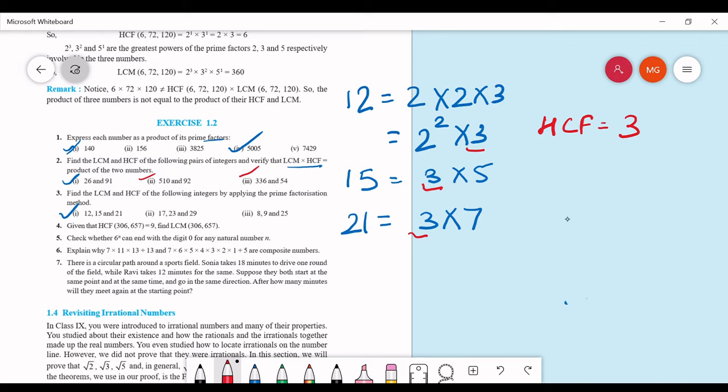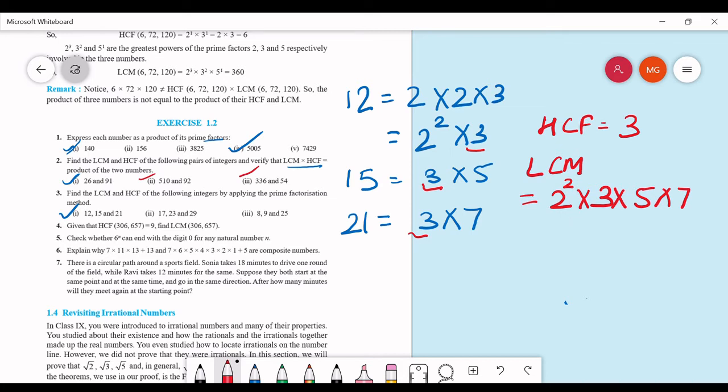And for LCM, we'll be writing all the prime factors we have: 2 multiplied by 3 multiplied by 5 multiplied by 7. Now we'll look for the highest powers of these prime factors. So look at this 2. Okay, so 2 has 2 as its highest power.